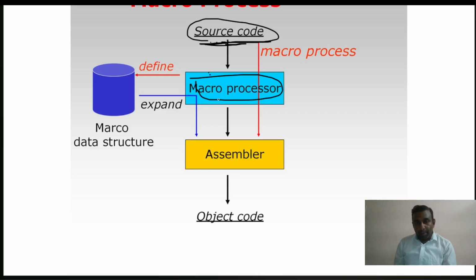This means whatever macro calling statement is present in the source code will be replaced with the body of that macro. After replacing the macro calling statement with the body of that macro, the whole program is known to the assembler and it is easy for the assembler to convert it into object code. So this is about the macro processor.